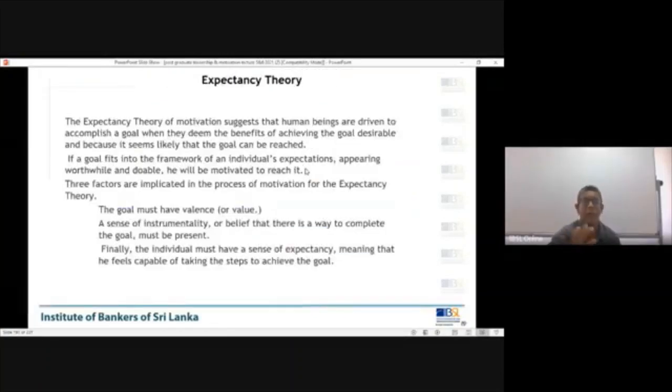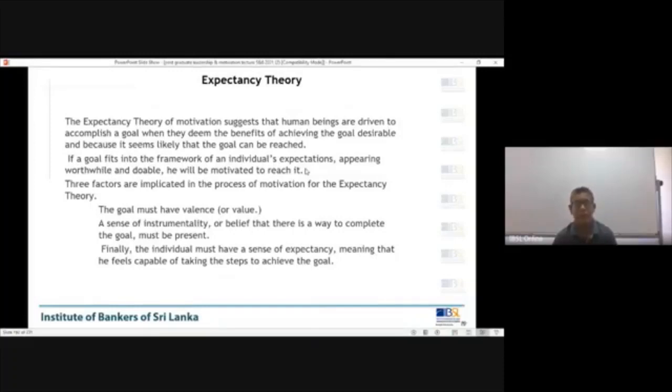Now, to say it another way, the expectancy theory of motivation, as I explained to you, suggests that human beings are driven to accomplish a goal when they deem the benefits of achieving the goal desirable, because that goal can be reached.